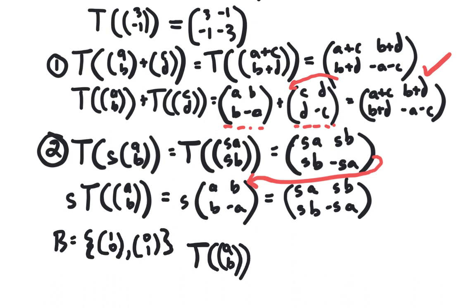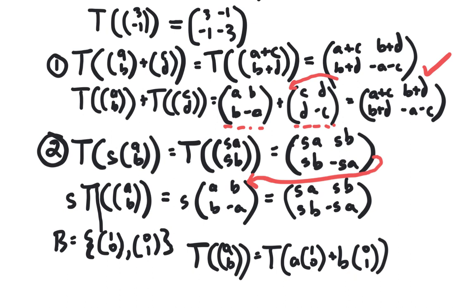Well, we can view this AB as a linear combination of 1, 0 and 0, 1. So that is T of A times 1, 0 plus B times 0, 1. For example, if this vector maybe was 2, 3, this would be 2 times 1, 0 plus 3 times 0, 1.